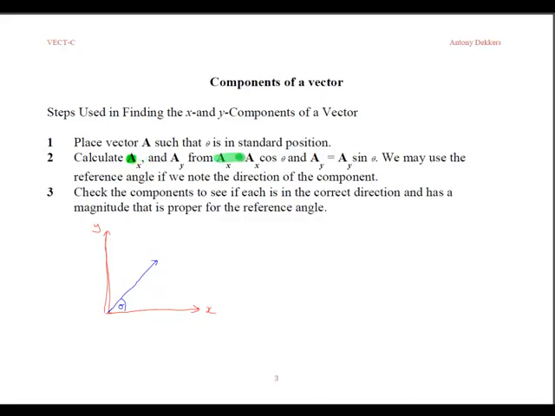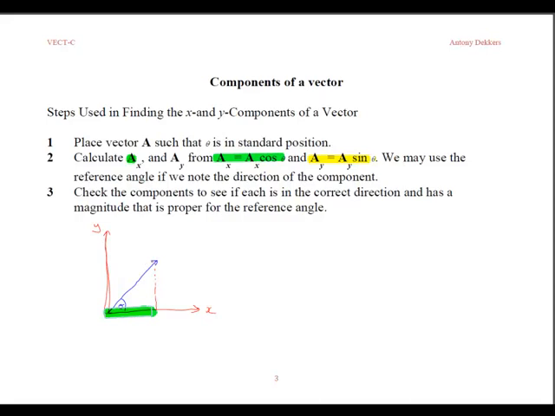So remember, here's what the y component is equal to. The x component is equal to. Once we work out the x component, we can then work out the y component.